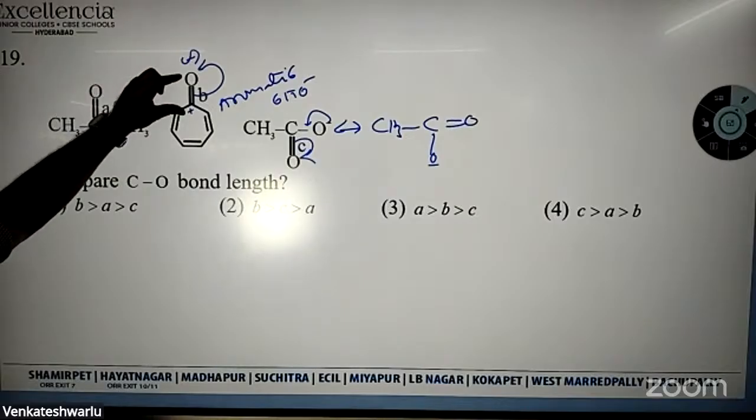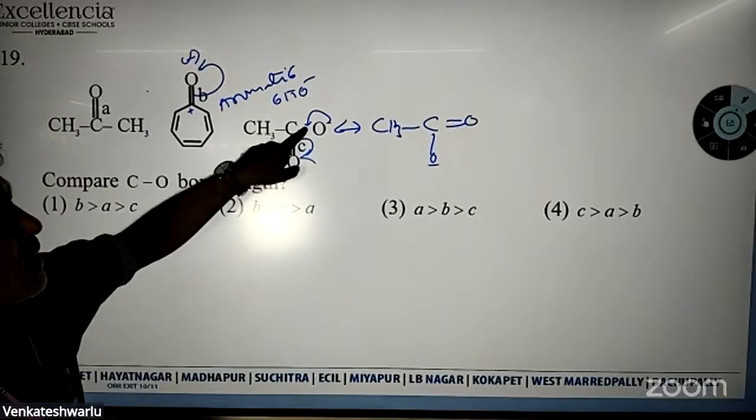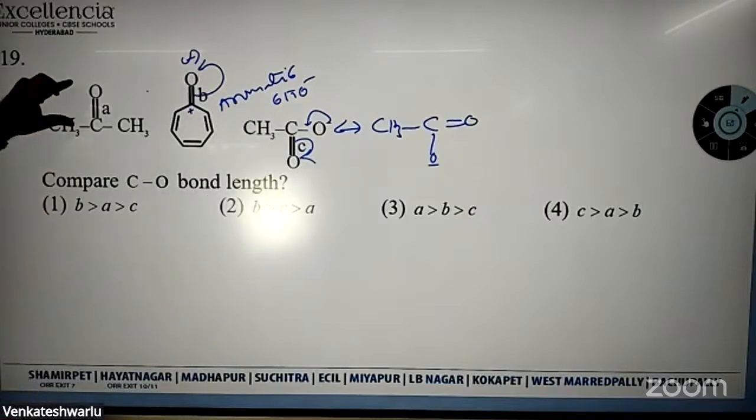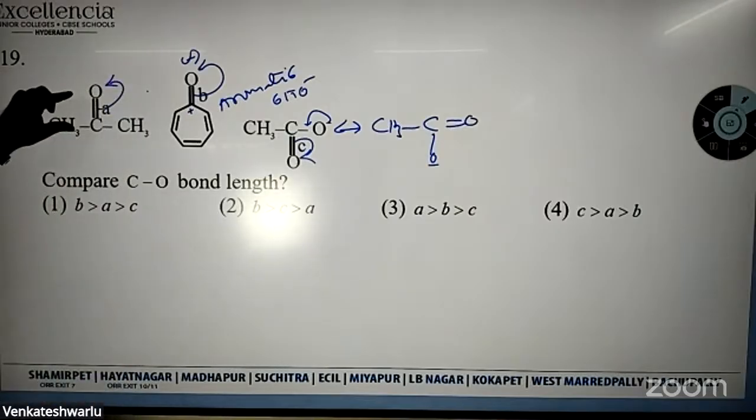That's why the C double bond O is becoming a single bond. But here, the bond length of CO is the average of the single bond and the double bond. So here the positive charge is not that much stabilized. It has both double bond character and single bond character.